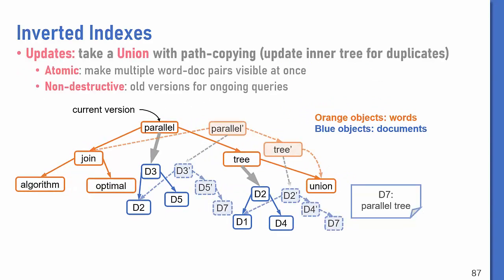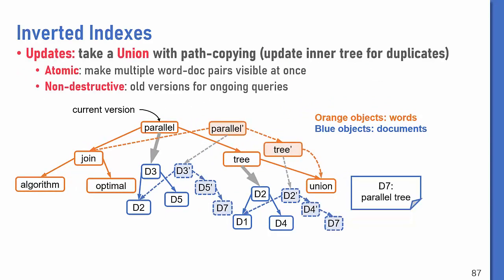At the same time, we can add new documents to the index. Then we can use a divide and conquer algorithm very similar to the union algorithm. It's also parallel. For both levels, we use path copying. For example, now we have a document 7 containing two words, parallel and tree. So we need to add D7 to the inner trees of parallel and tree.